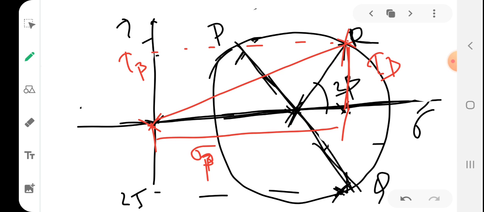So this OR will give the resultant state of stress. And this angle phi will give you the direction of the resultant state of stress in that particular plane with beta.